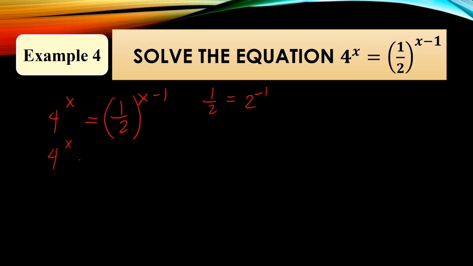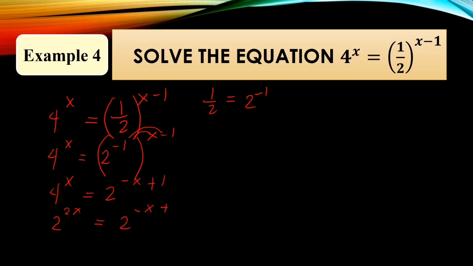So 4 raised to x is equal to 2 raised to negative 1, all raised to x minus 1. Then after that, 4 raised to x is equal to 2 raised to negative 1 times x, which is negative x, and negative 1 times negative 1 is positive 1. And after that, find the common base. The common base between 4 and 2 is 2. So 2 raised to 2x is equal to 2 raised to negative x plus 1.